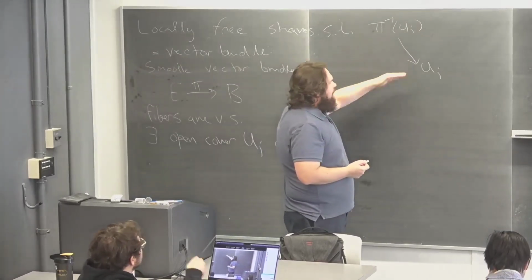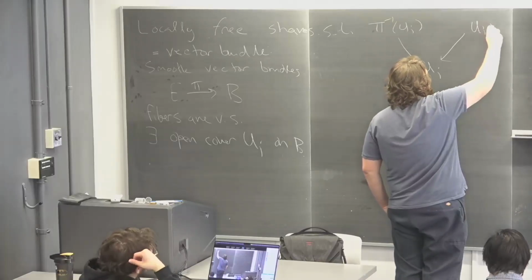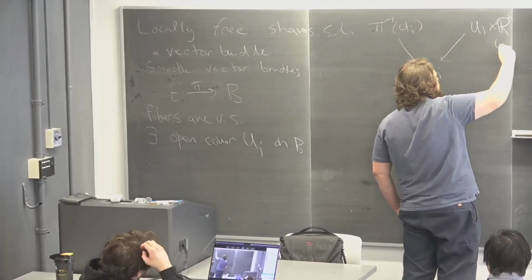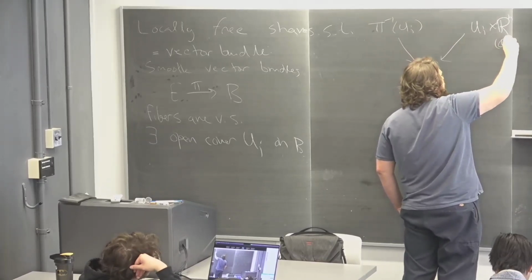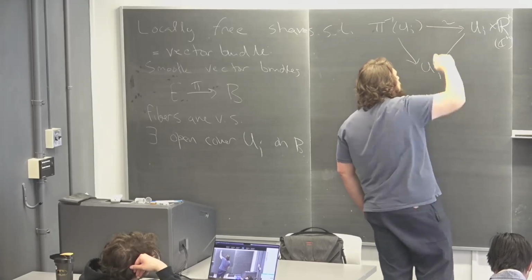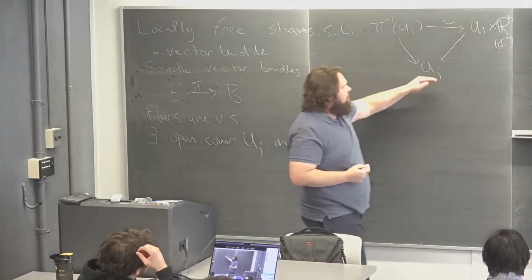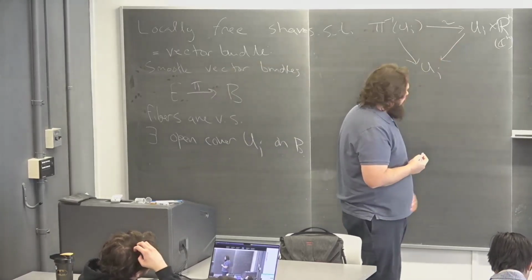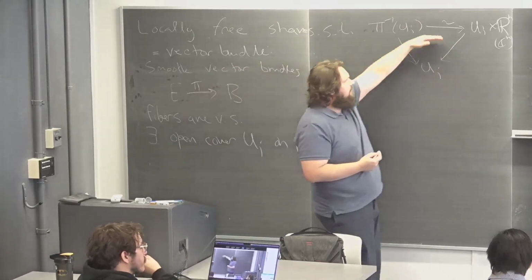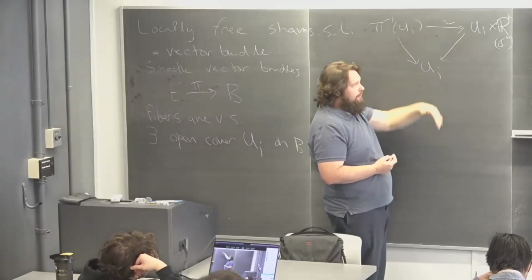I'm thinking about a property of this map. This map is isomorphic to U_i times R^n, or I could use C^n if I preferred a complex vector bundle. These two maps are isomorphic, and of course, this isomorphism has to be a vector space isomorphism on each fiber.